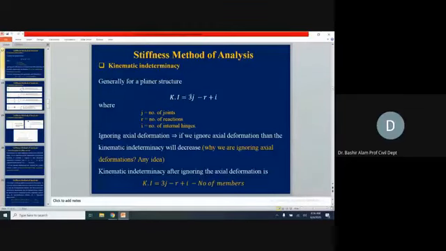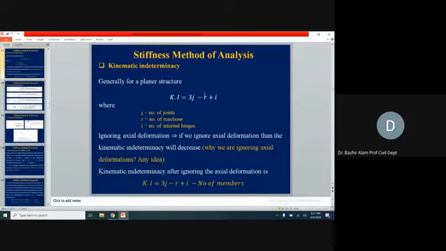And I already explained this, that first you consider all the joints as free. So 3 times j will give you the total possible kinematic indeterminacy of the structure. Then we go after the number of reactions. We include them with the negative sign, because you will be subtracting the number of indeterminacy because of these reactions.